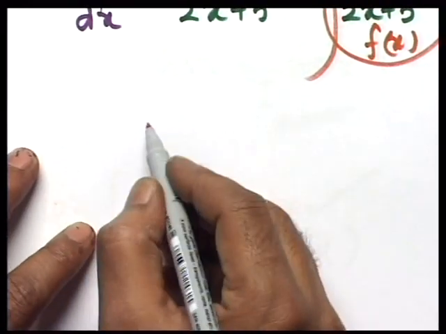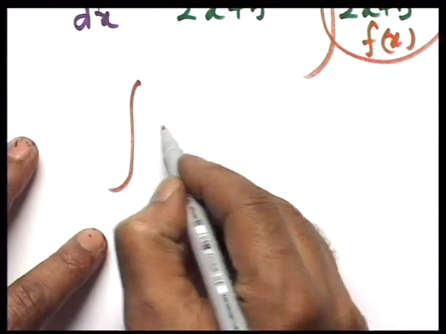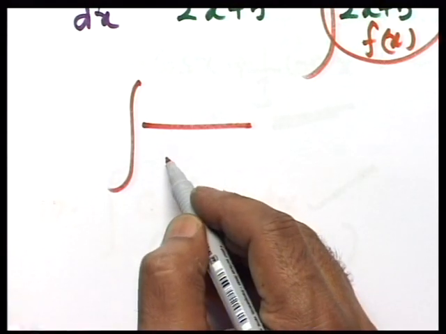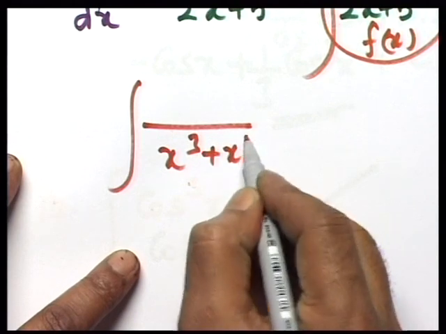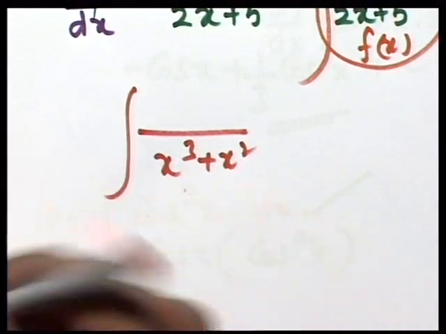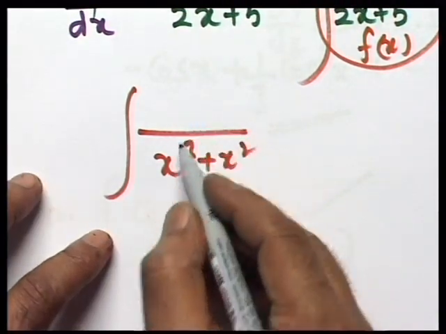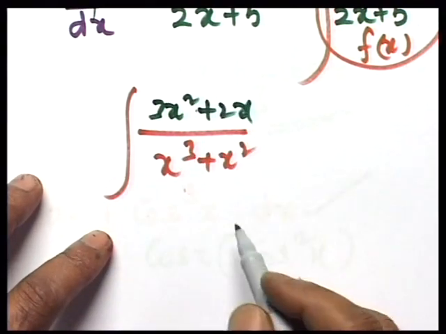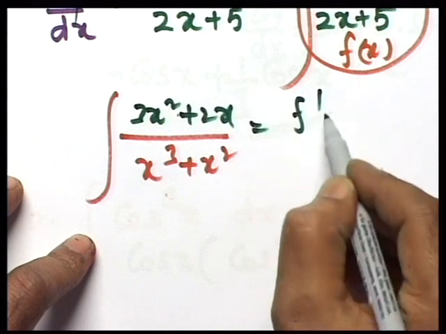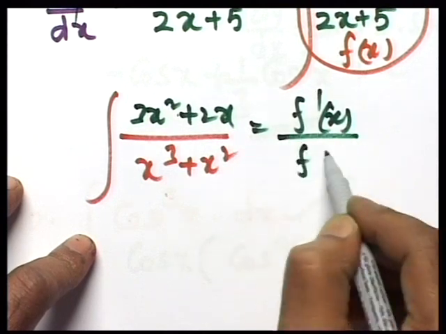Quickly, if you look at an integral, write a denominator, whatever comes to your mind, say x cube plus x square, suppose. Differentiate this. The numerator is 3x square plus 2x, isn't it? So the numerator looks like f dash x, the denominator looks like a function x.